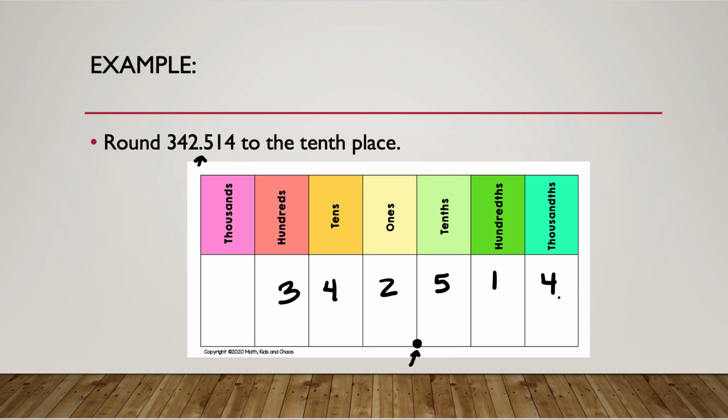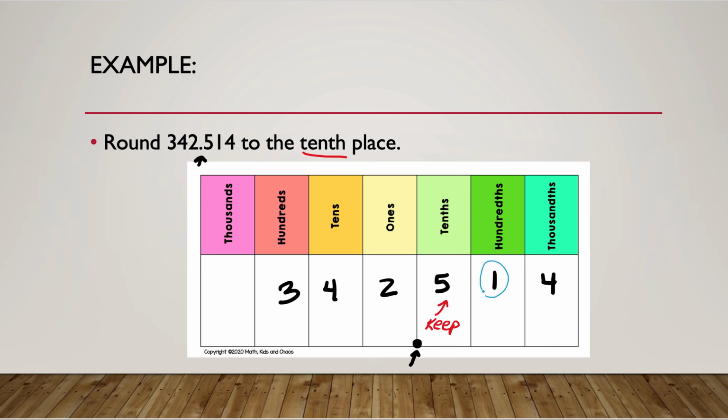Okay, let's identify the value that we want to keep. All right, so we're looking at the tenths place. So I'm going to come in here and find the tenths place. All right, so this is the digit place that I want to keep. Let's look to the right of that digit.